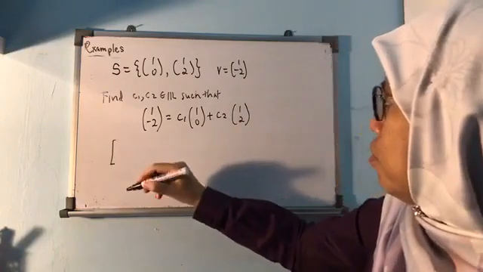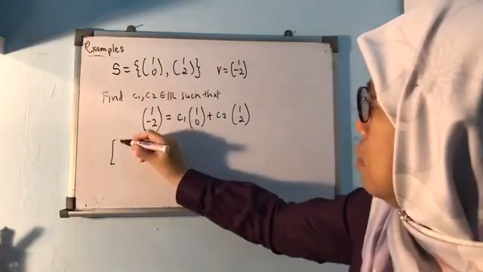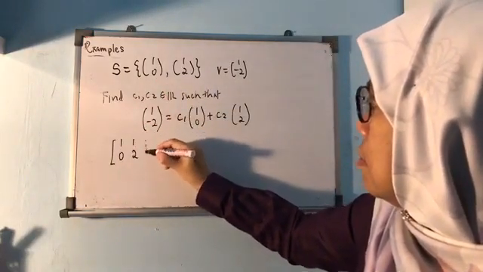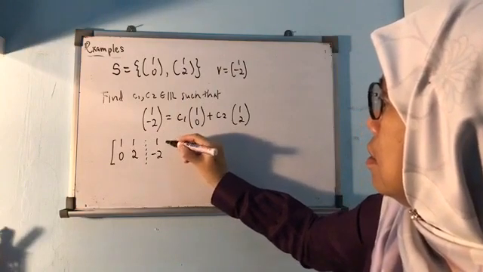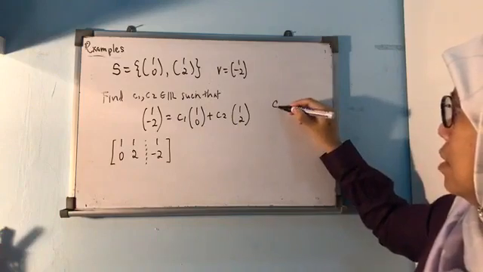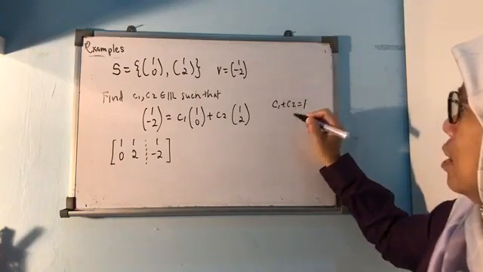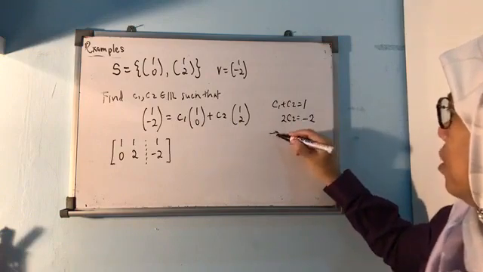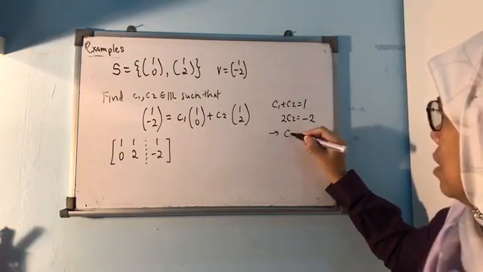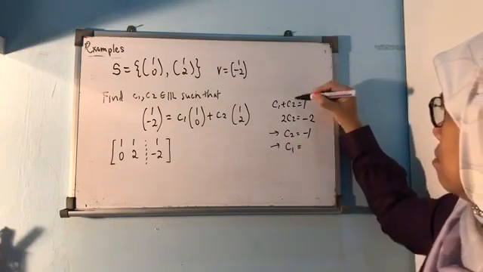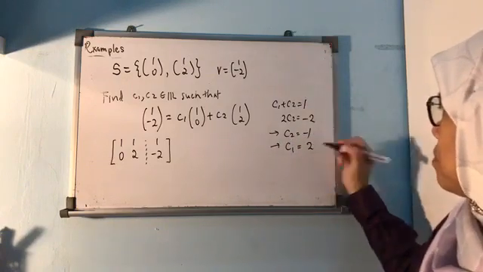So from chapter 2, we just write as columns. And then, this one you can just put like this, right? c1 plus c2 is 1, 2c2 is negative 2. From here, from school times, c2 is negative 1, c1 is 2, right?